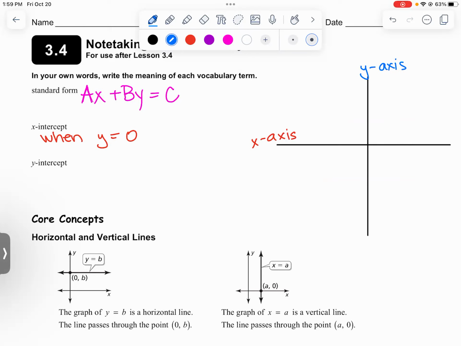Henry, give me a coordinate on the y-axis. 0, positive 7. Brooks. 0, negative 6,000. Drew, one more. What's true about all of the points that are on the y-axis?